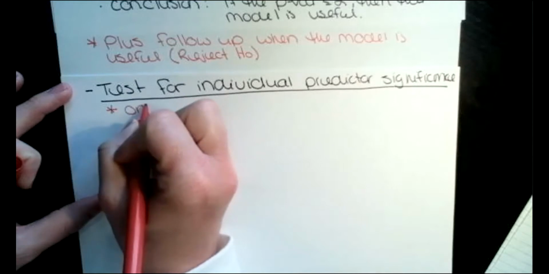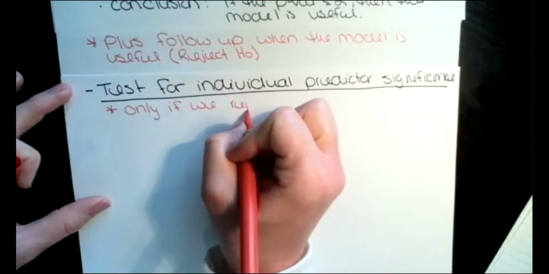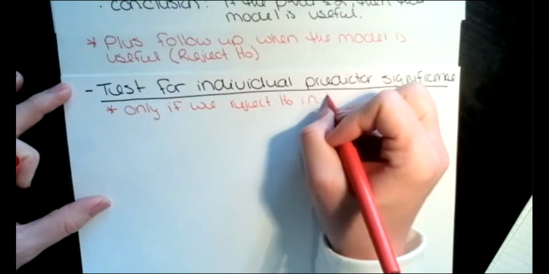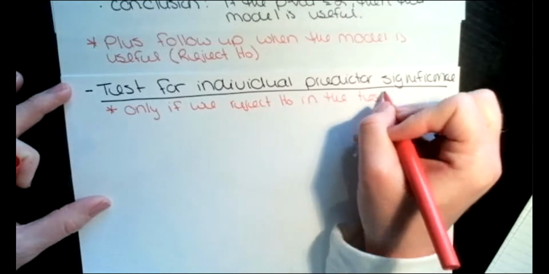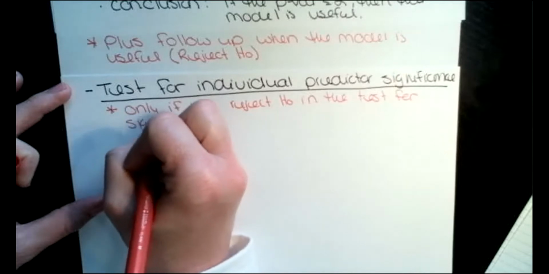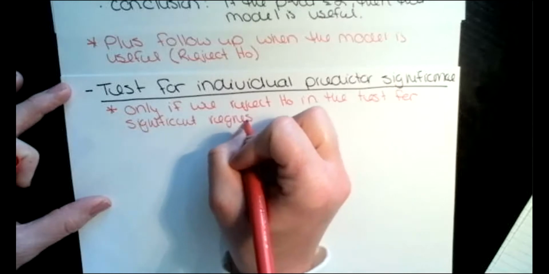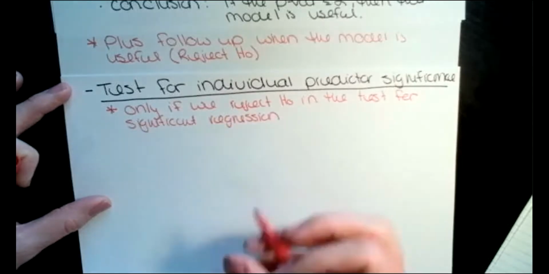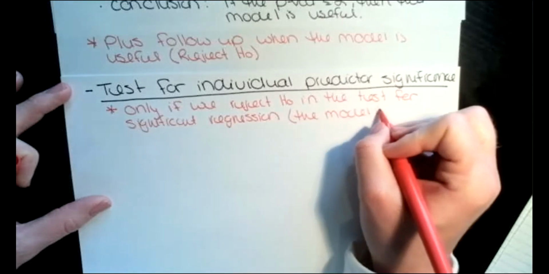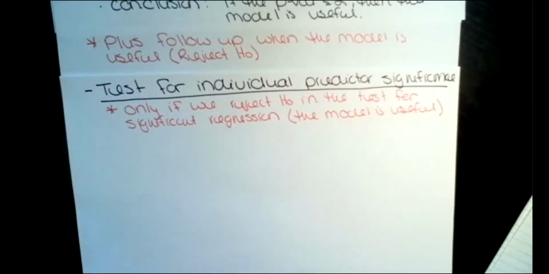We're only going to do this if we reject the null in the test for significant regression. Only if the model is useful, just so we're clear on when we're doing this.